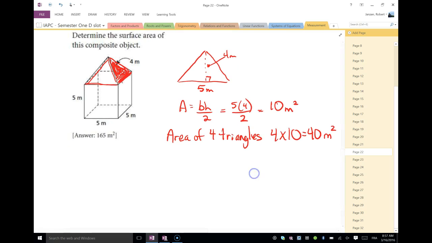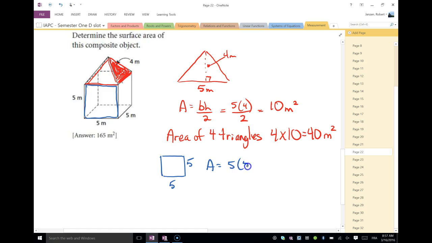All right, let's go into this cube now. If I look at the face of one of the cubes, sorry, that would be a face of a square. Let's draw that. Square is 5 times 5. Pretty simple.